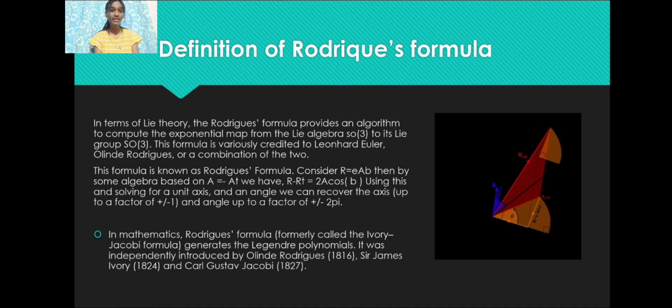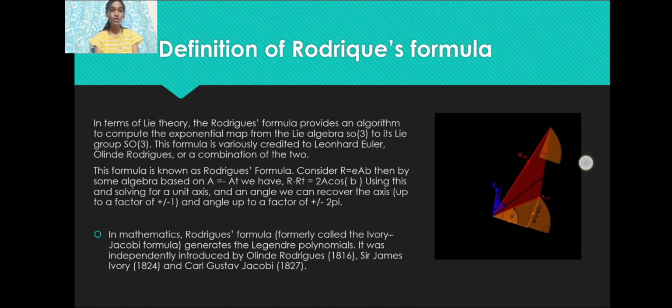So in mathematics, Rodrigues' formula, which generates the Legendre polynomials, was independently introduced by Olinde Rodrigues in 1816, Sir James Ivory in 1824 and Carl Gustav Jacobi in 1827.